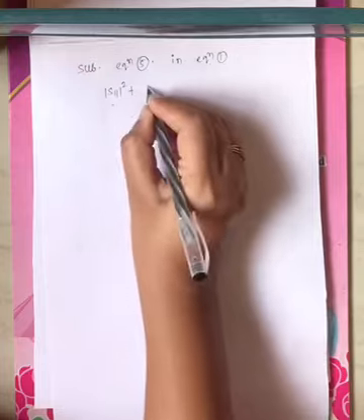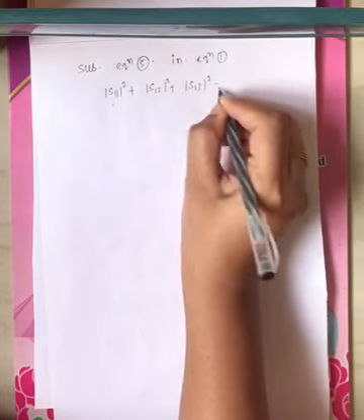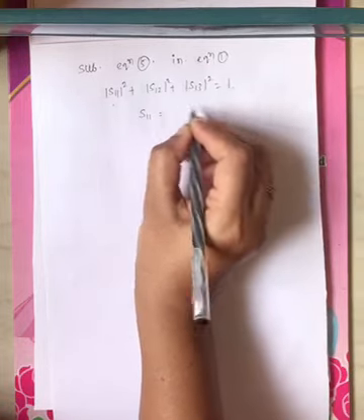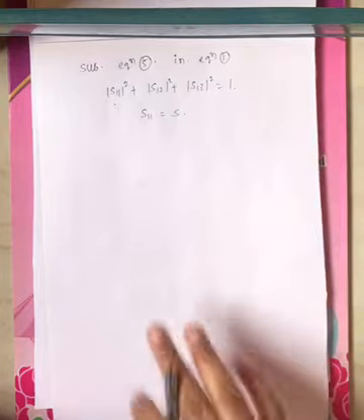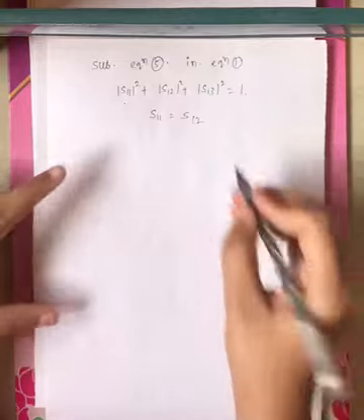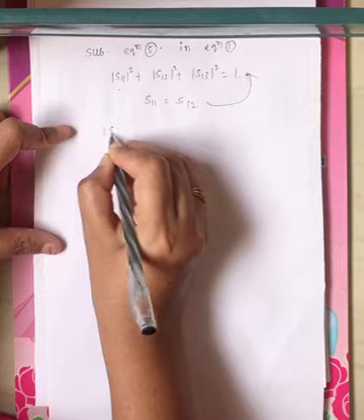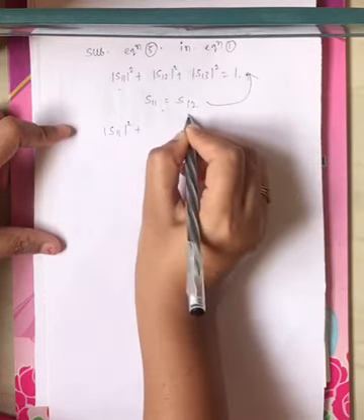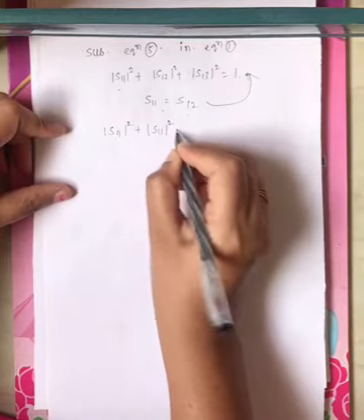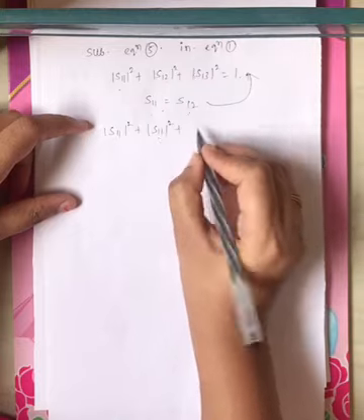Mod S11 square plus mod S12 square plus mod S13 square equals 1, and equation 5 is S11 equals S12. Now substitute equation 5 in equation 1: mod S11 square, since S12 equals S11, that's why I substituted S11 square.